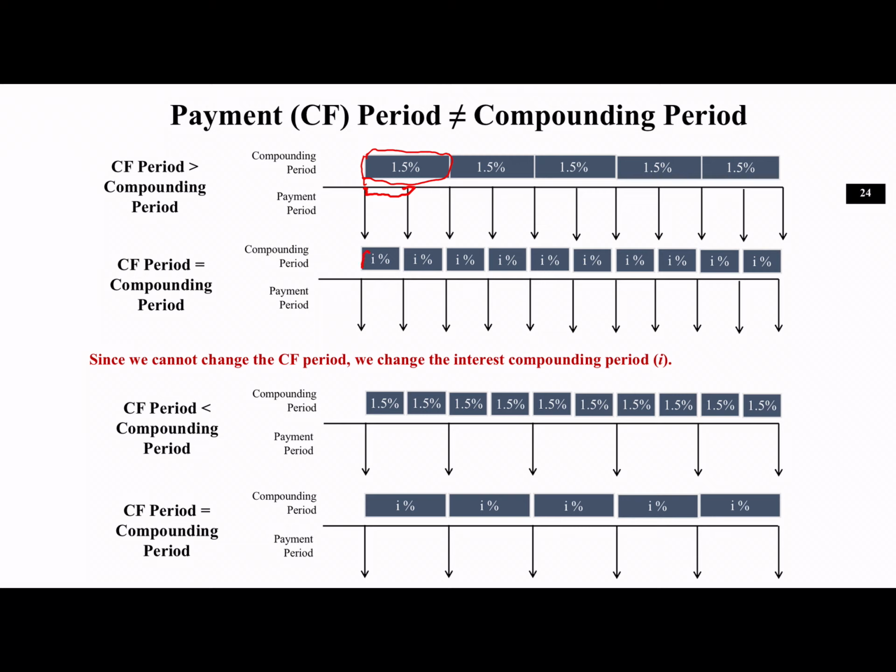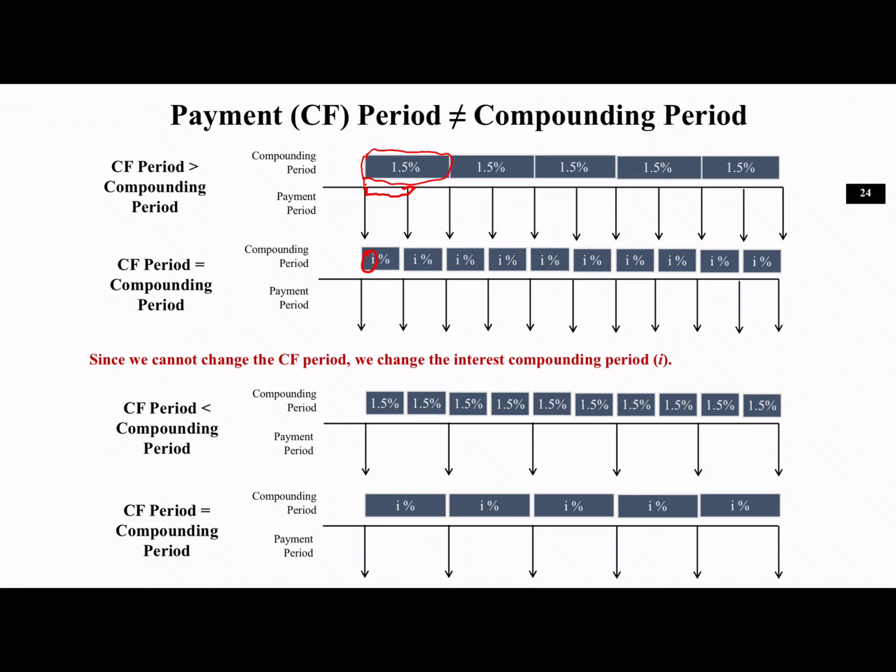Then in this case, where the payment period is less than the compounding period, how do I find the interest rate per payment period, right? What is the calculation for that? Because it will be different. Well, it's not simply 1.5 divided by 2, so how do we find this, right?